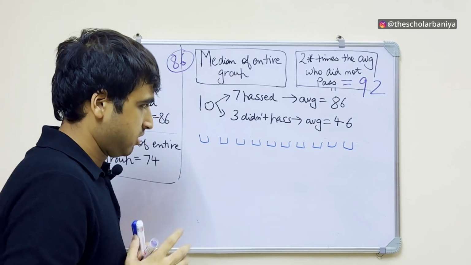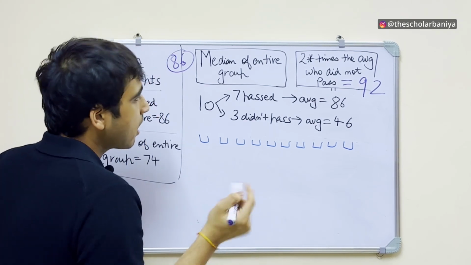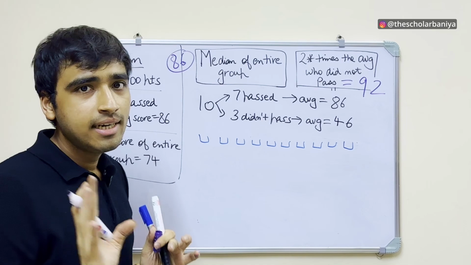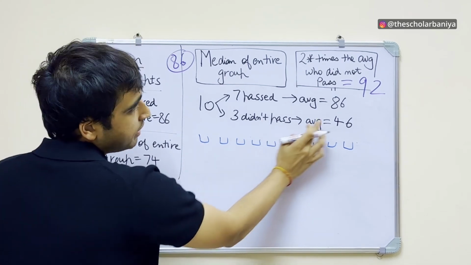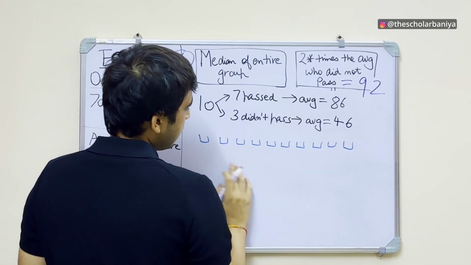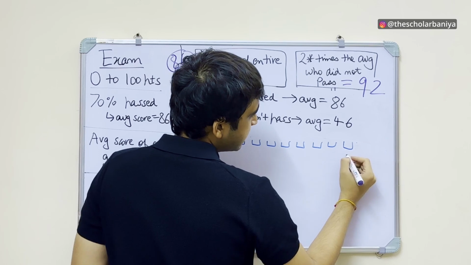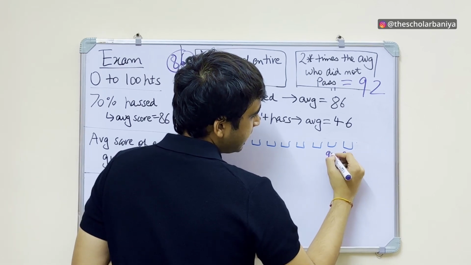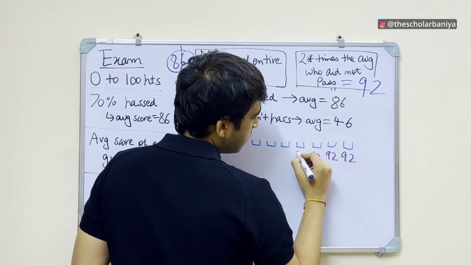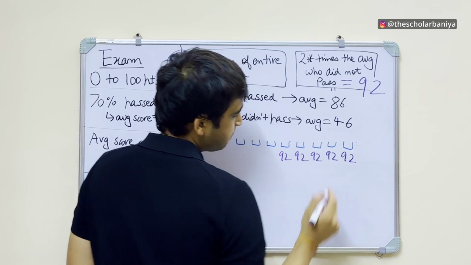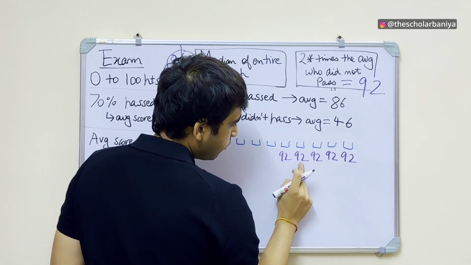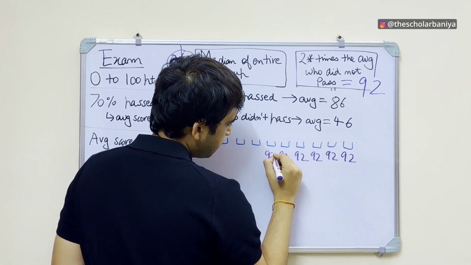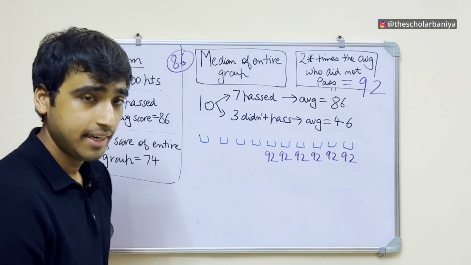So let's suppose, just listen to me, right? I take the median to be, so we know the average is 86, right? So for example, this is 92, this is 92, this is 92, this is 92, this is 92. So 1, 2, 3, 4, 5, this is 92, right?